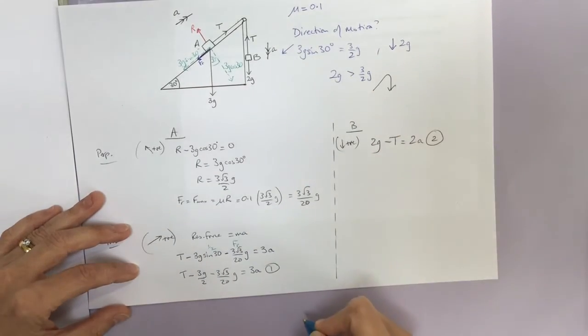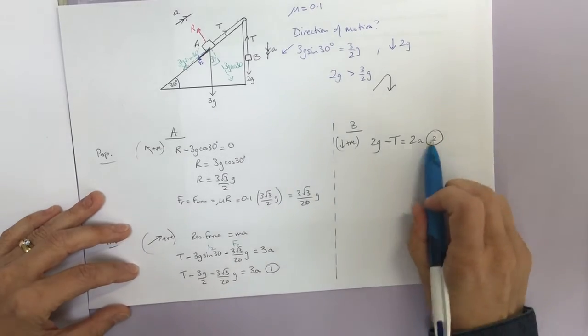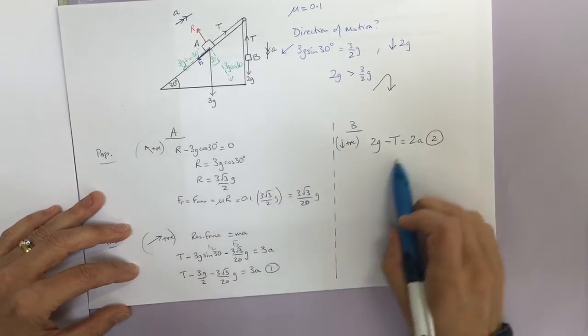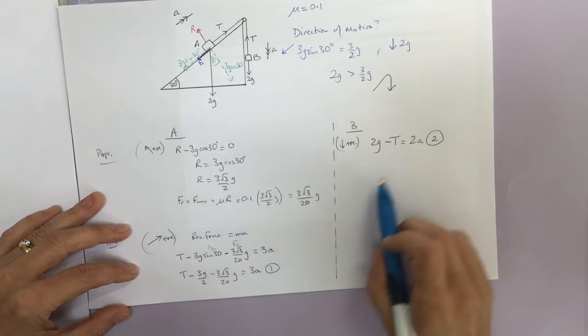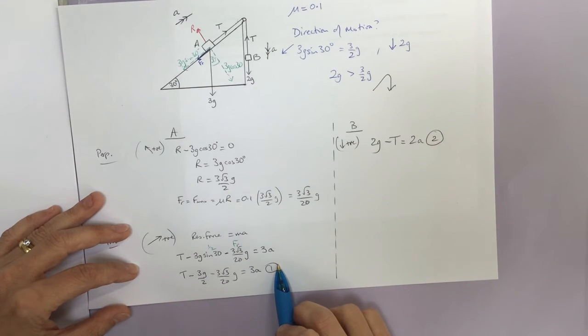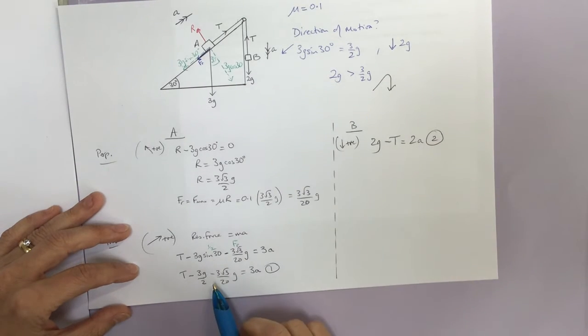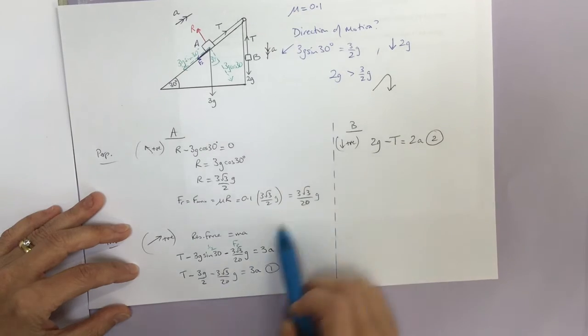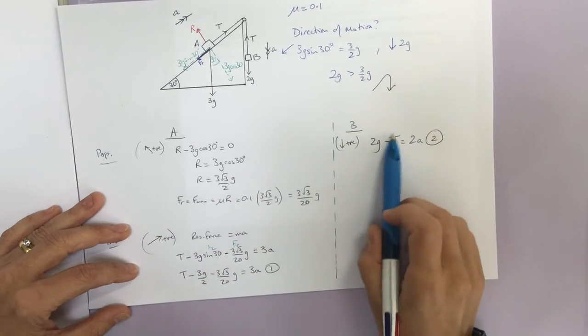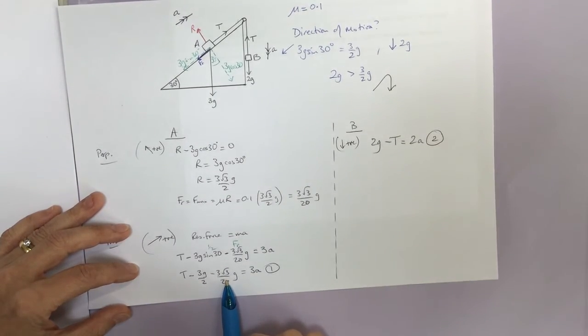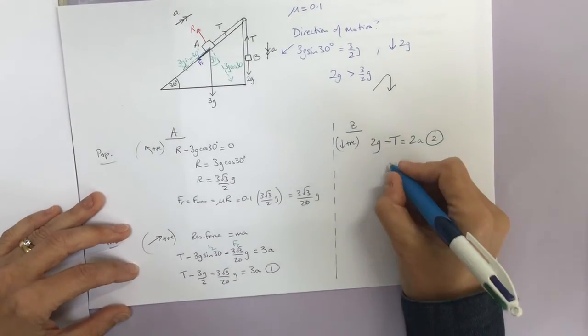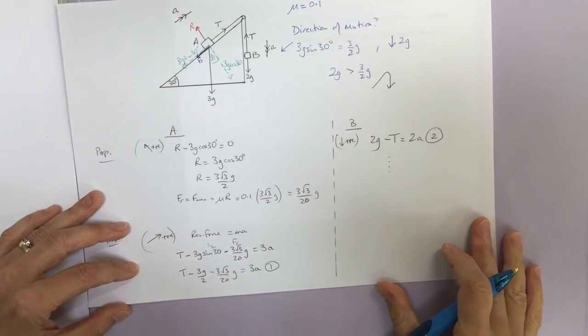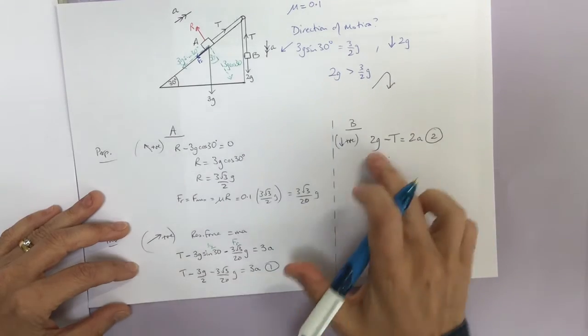There's my second equation. And these two simultaneous equations, I'm going to leave those to you to solve. Make one the subject of one, substitute it into the other. I would get T as the subject of this and put it in here to find a, and then substitute back in. I'm going to leave you to do that, because if you've got these equations right, then you're doing it right.